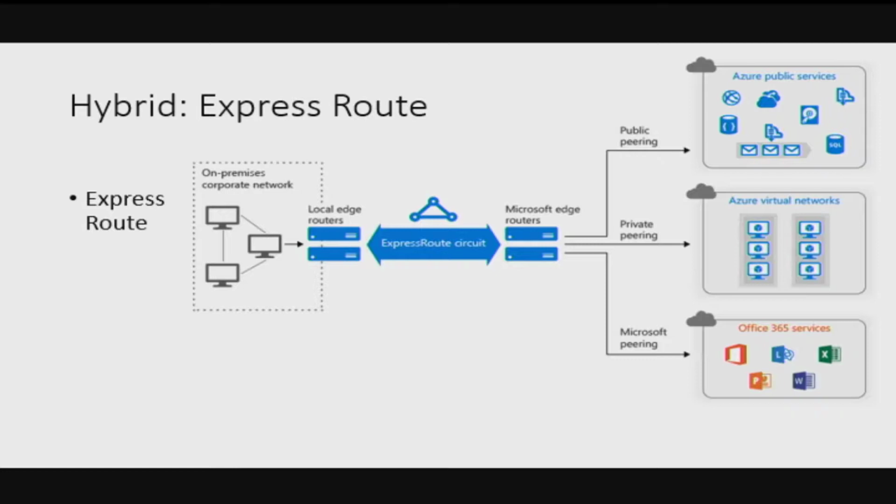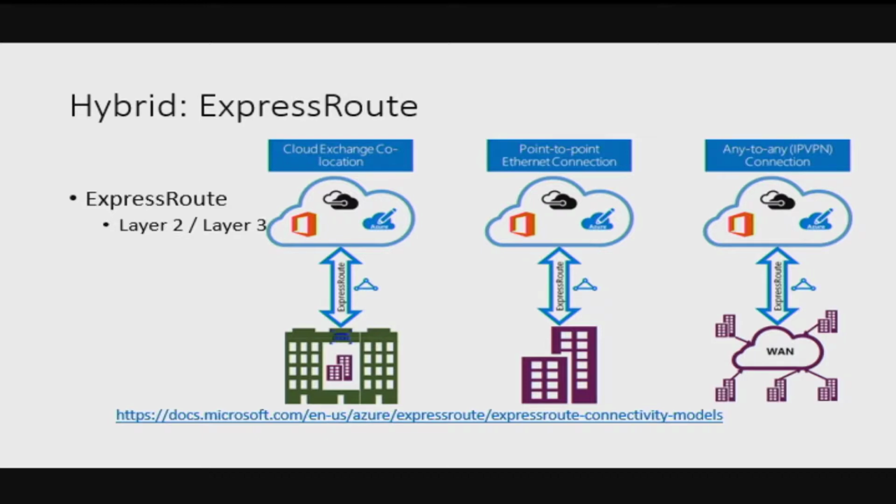Of course, you can connect to your own virtual networks, and if you're an Office 365 customer, you can use ExpressRoute for connecting privately to those resources too. Then, how do I connect to ExpressRoute? These are three high-level options. If your data center and networks are in one of our cloud exchange co-location partners like Equinix, then you can connect directly from that cage in that data center up into Azure, right?